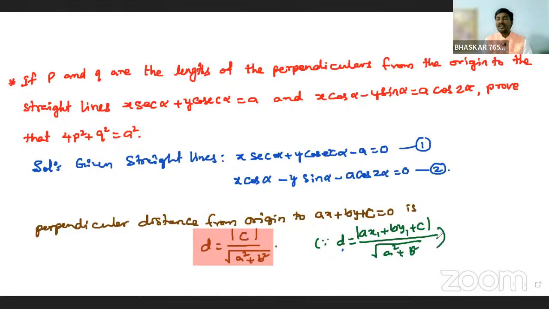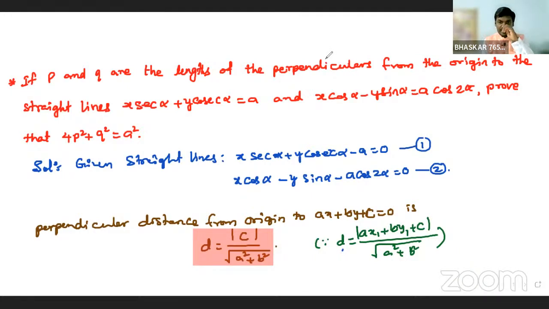But he is asking specifically from the origin. The origin is 0, 0, which means x1 is 0 and y1 is 0, so we take c divided by the root of a square plus b square.